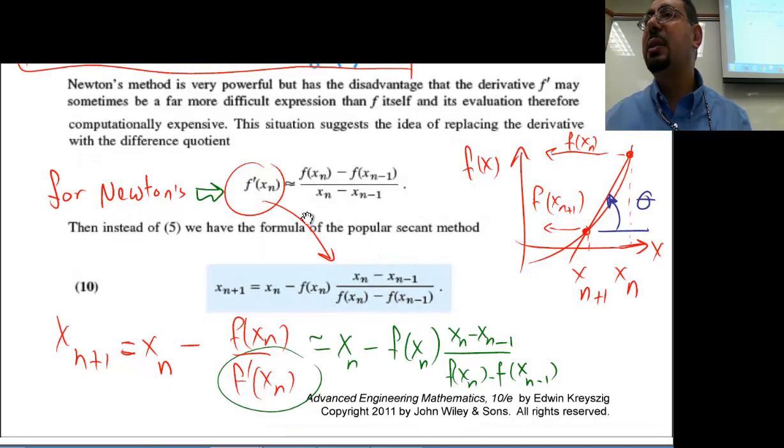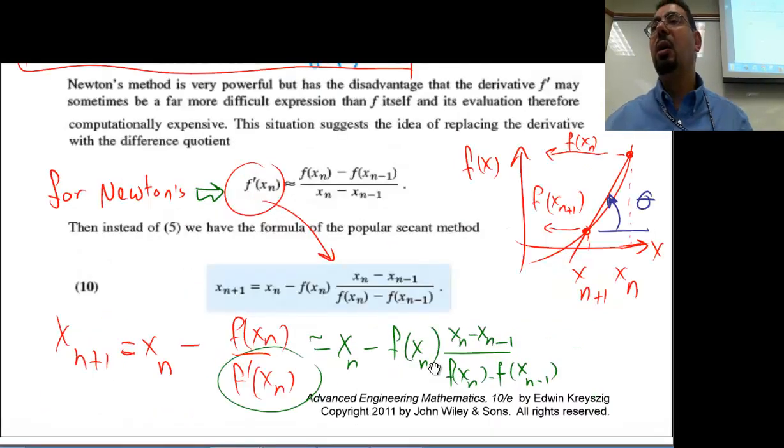It's as if he's using Newton-Raphson, but the slope of Newton-Raphson now simply comes from this triangle. So it's xn minus xn minus 1 over f of xn minus f of xn minus 1, or actually the inverse of that.